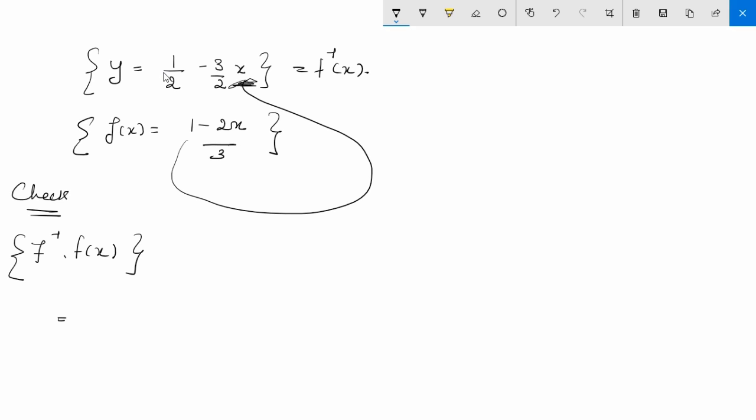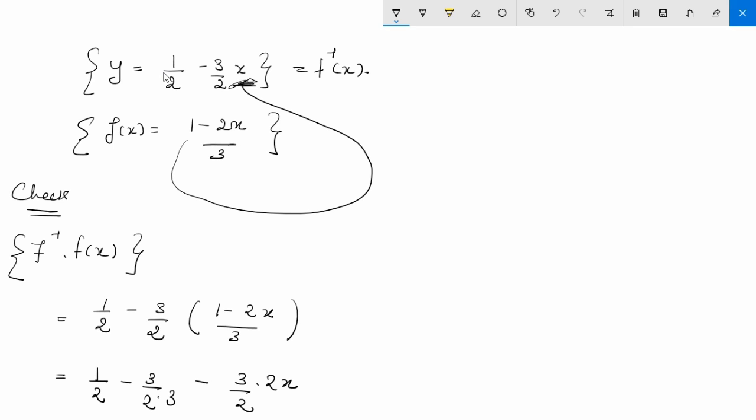So this is equal to 1 by 2 minus 3 by 2 of 1 minus 2x divided by 3, which is equal to 1 by 2 minus 3 by 2 into 3 minus 3 by 2 into 2x. The terms cancel, and if you move the minus sign inside it becomes a plus sign. So finally you are left with x.